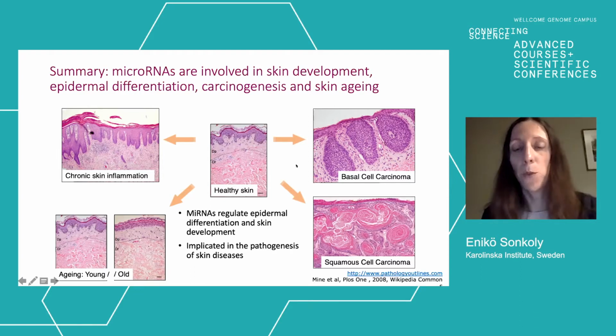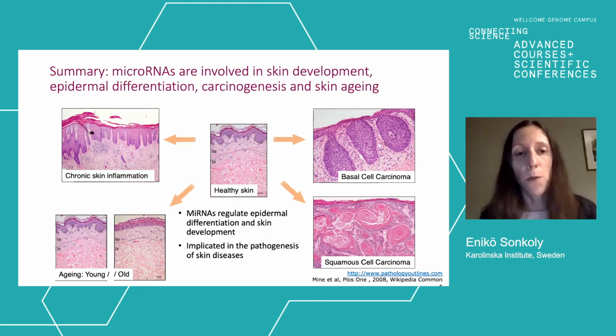I have showed you one example here, miR-203, which is suppressed in both basal cell carcinoma and poorly differentiated squamous cell carcinomas. But there are many other microRNAs which have been shown to play a role in these keratinocyte-derived cancers.